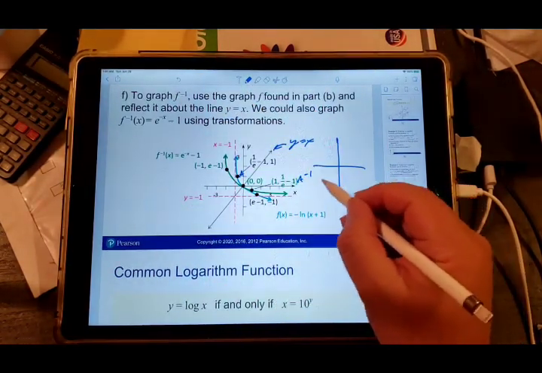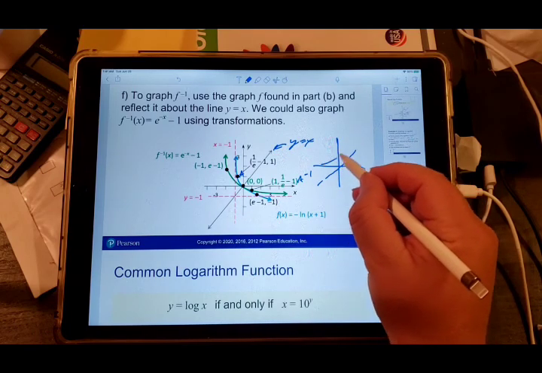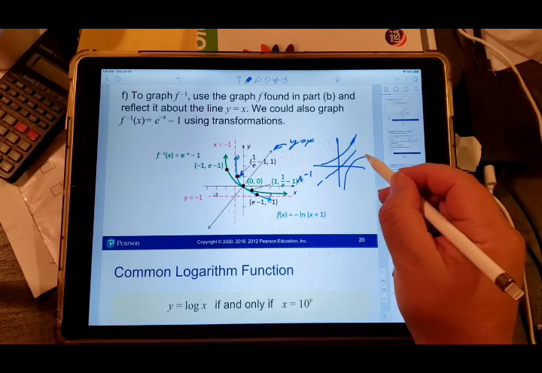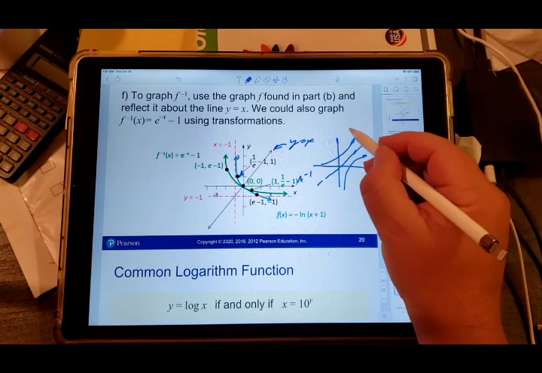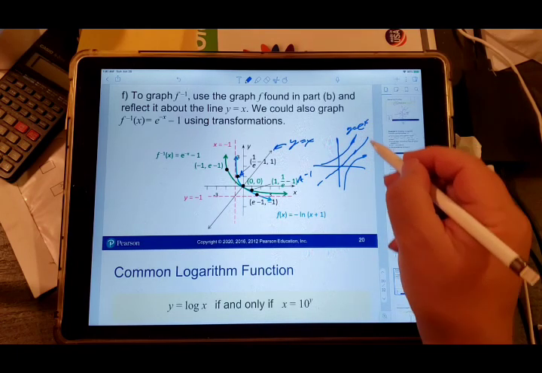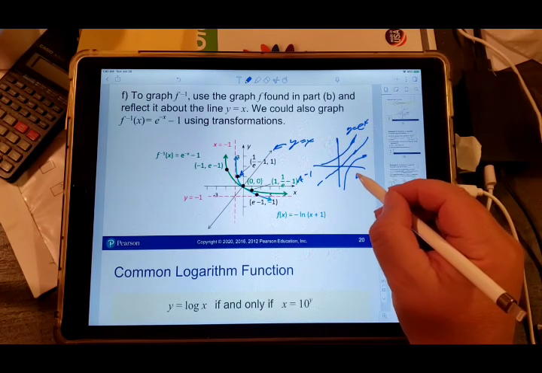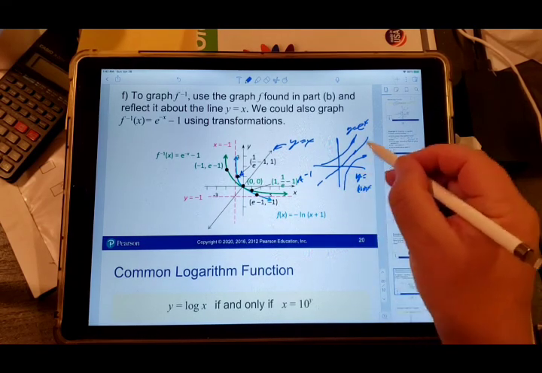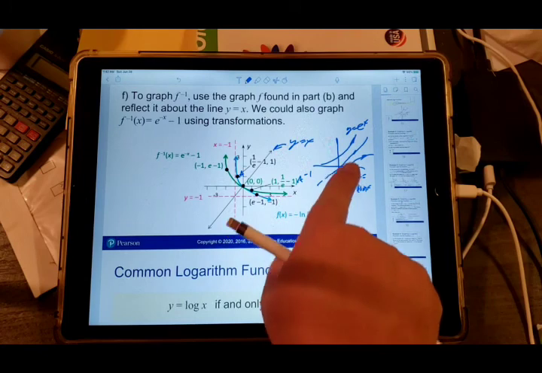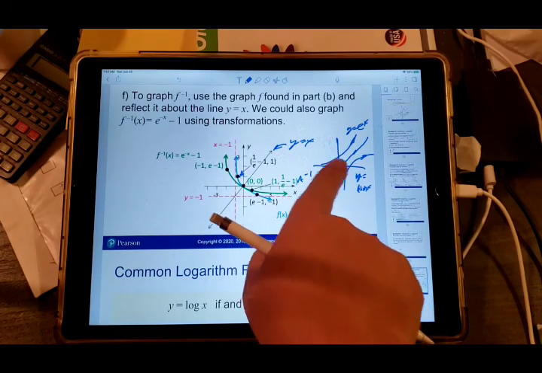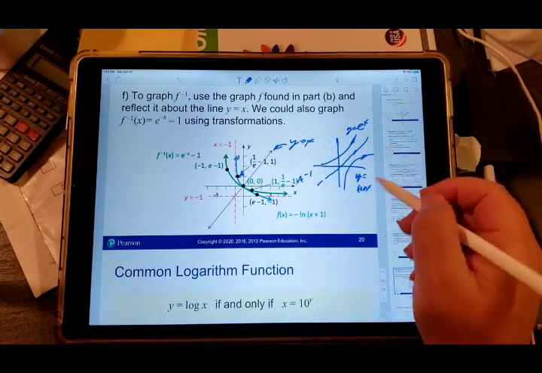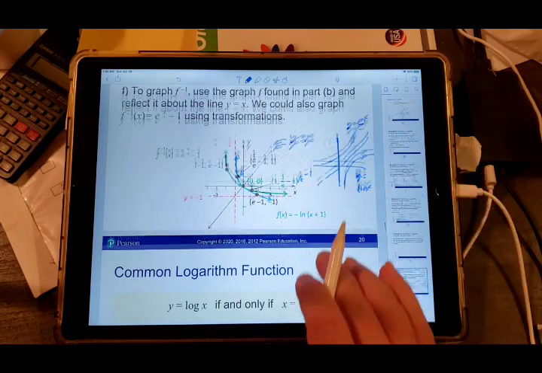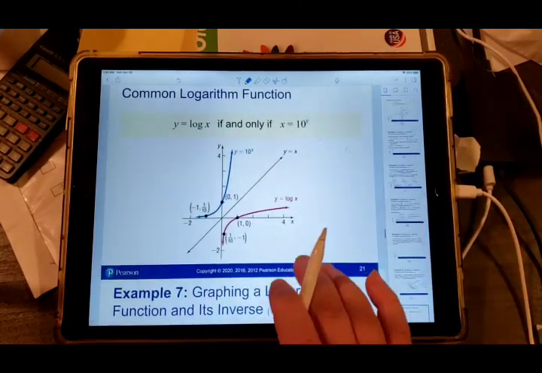But I do like this process for one of the graphs we had earlier. If you have y equals e to the x, and y equals ln x, the symmetry is very clear with respect to this line y equals x because these are inverse functions. There it is.